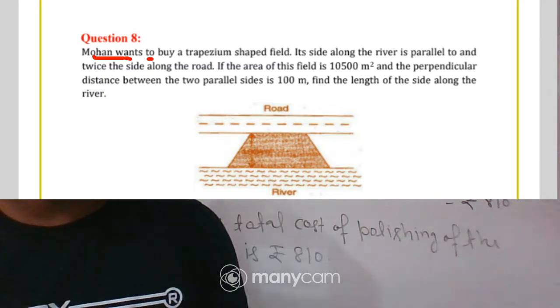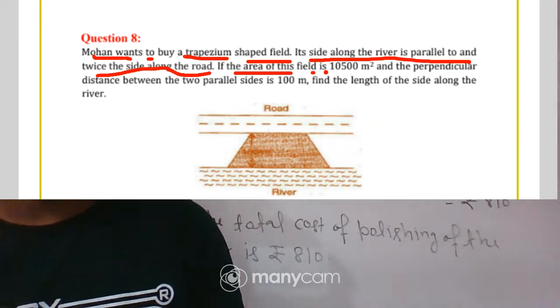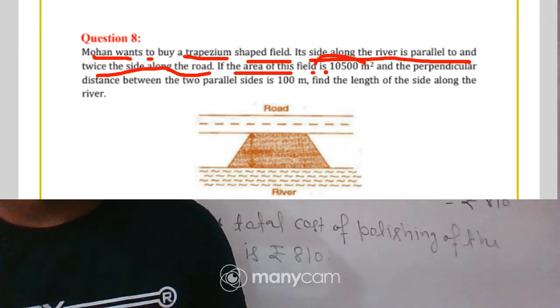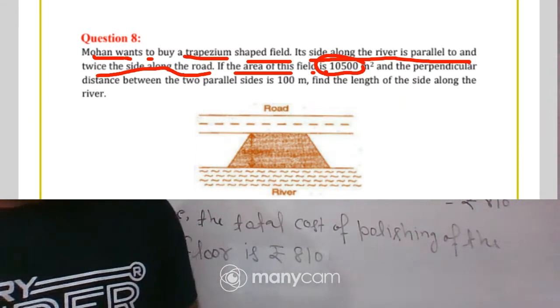Mohan wants to buy a trapezium shaped field. Each side along the river is parallel to and twice the side along the road. The area of the field is 10,500 meter square.